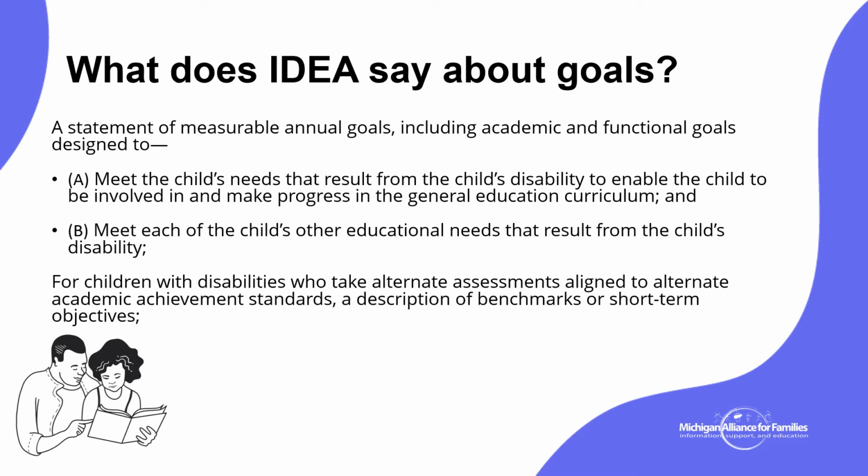But they have to be measurable annual goals that look at academic and functional, so any of the child's needs that result from the disability. So we want to think about all of those needs that are in that present level, which, go ahead and jump back to that video and get some more information on present level there if needed. But that present level is going to drive what the goals are.